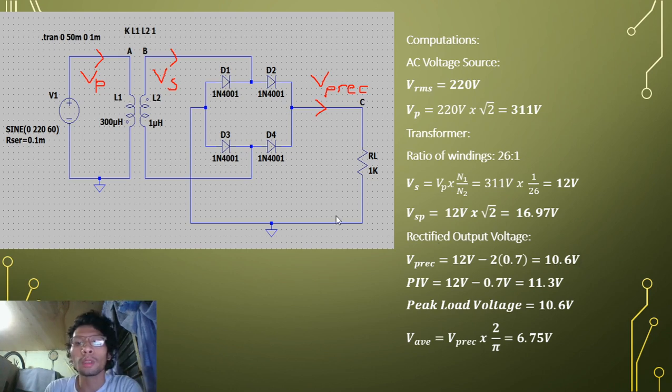For the peak inverse voltage, it will be equal to 12 volts minus the voltage of 0.7 volts on one diode. Then the result will be 11.3 volts.